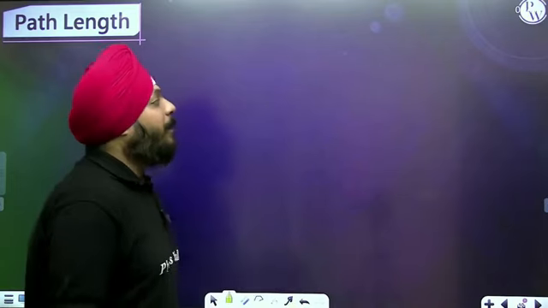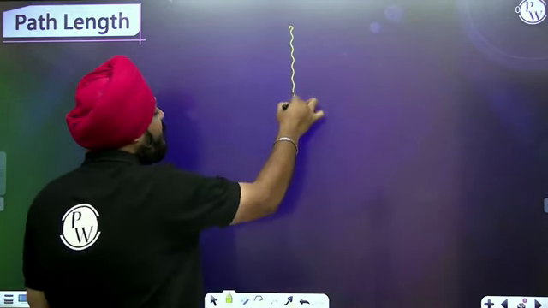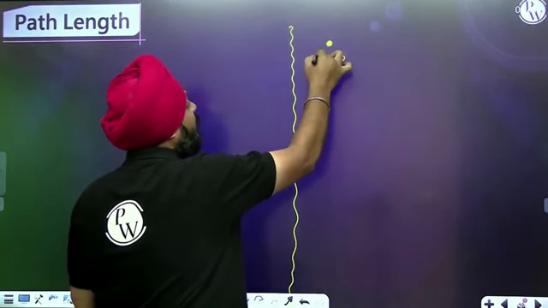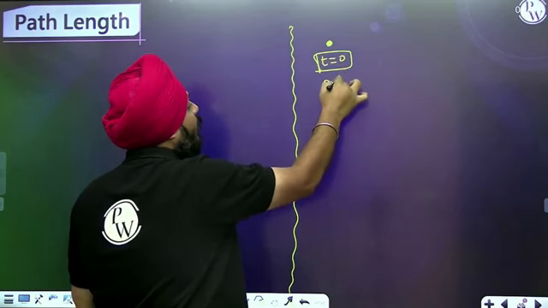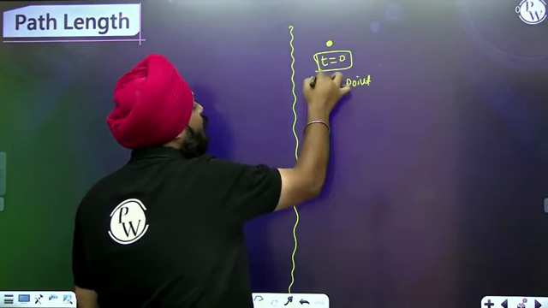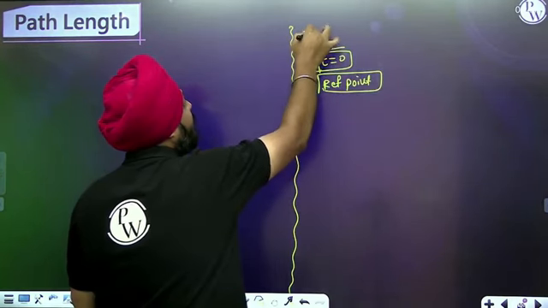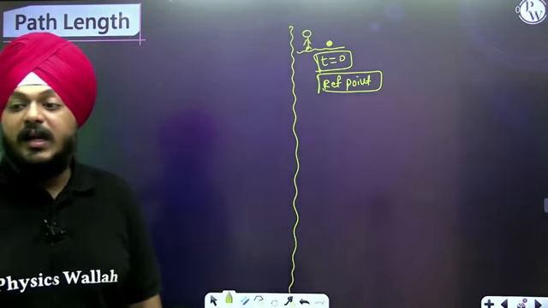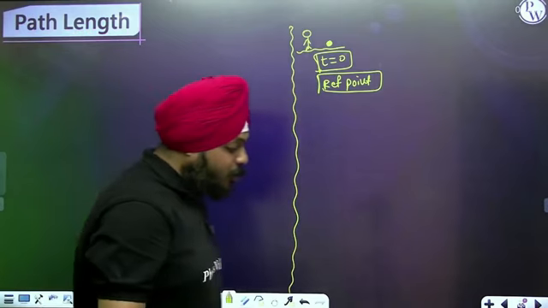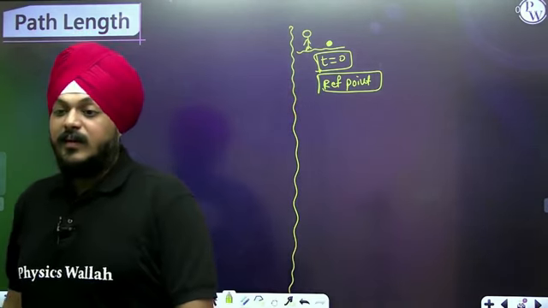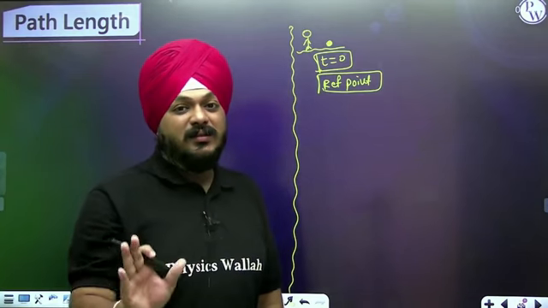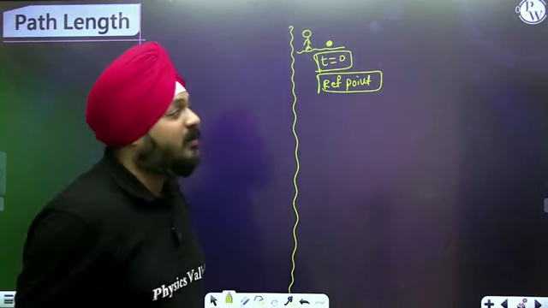First of all, let's understand the path length with an example. At t is equal to 0, this is our reference point from which the object starts its motion, and the observer starts analyzing the motion. It doesn't matter how you are going.